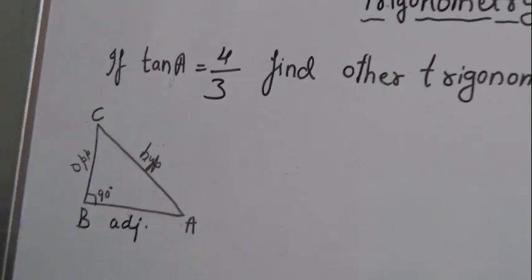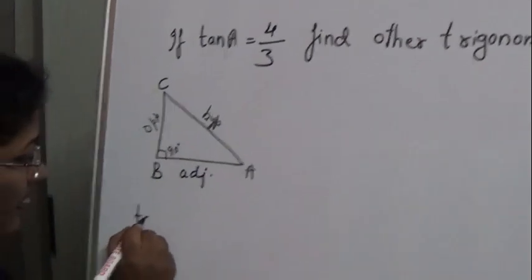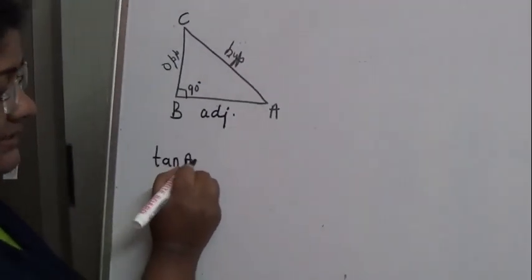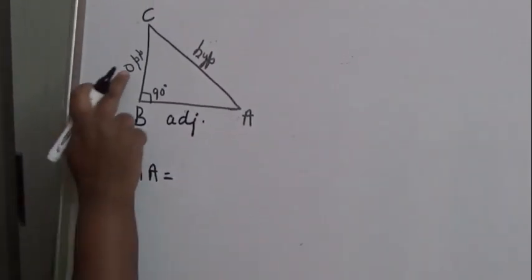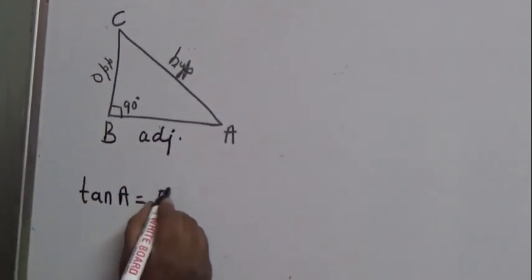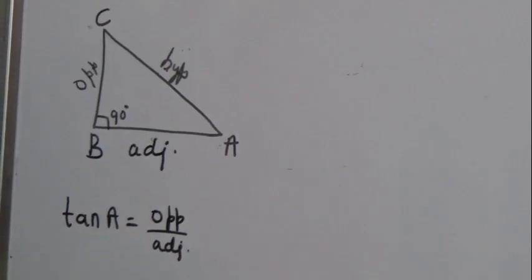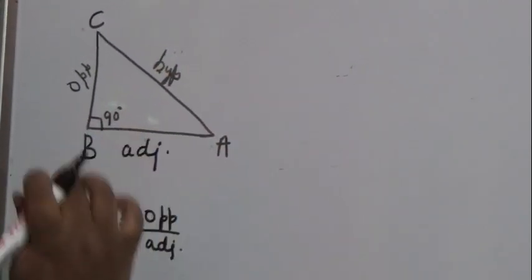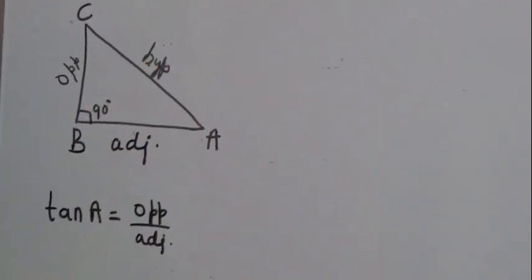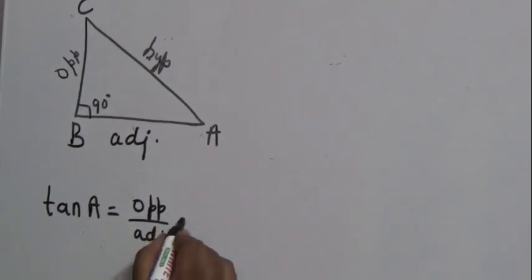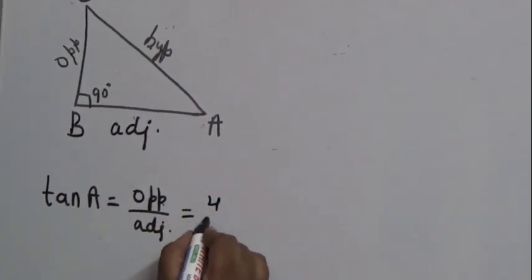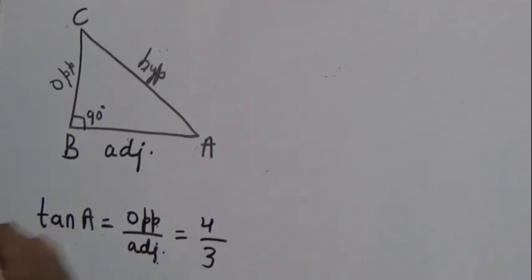You all know that tan A is equal to opposite side by adjacent side. Here they have given the ratio as 4 by 3. It means 4 is related to opposite and 3 is related to adjacent.